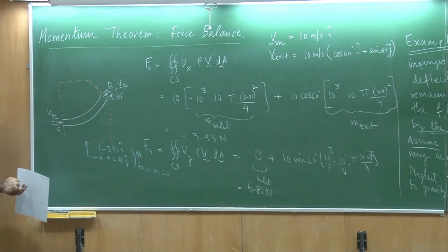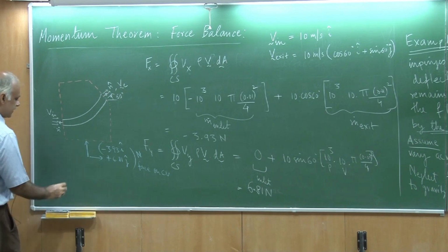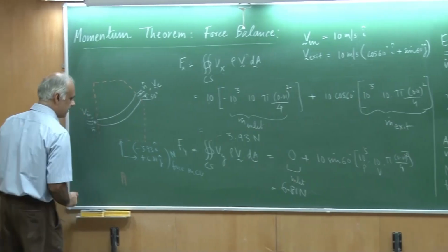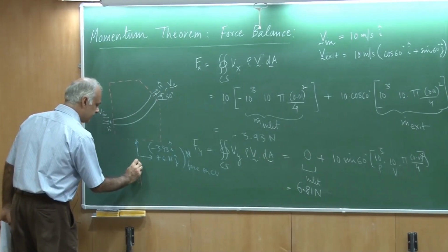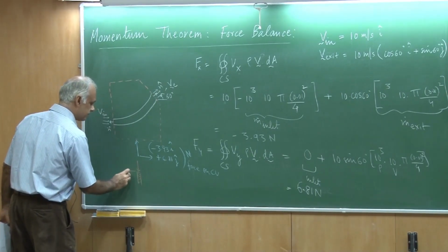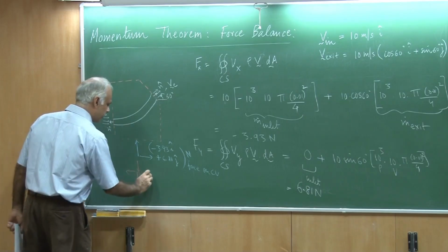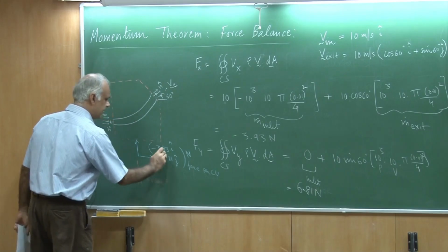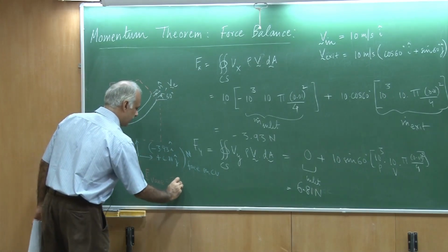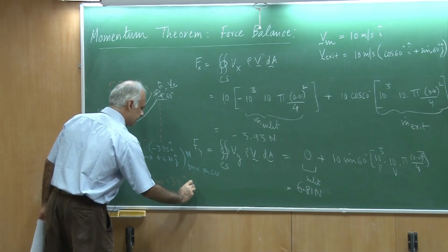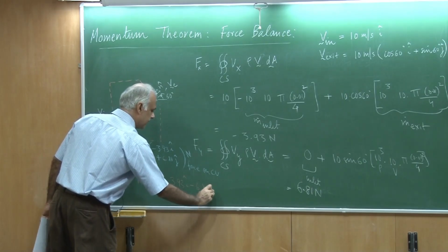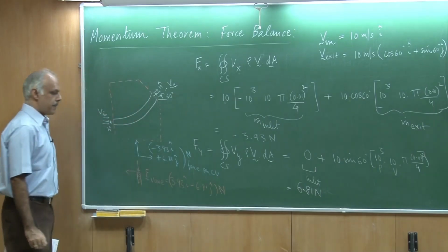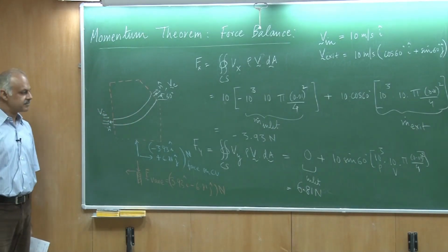If I want to calculate the force on the support, so this was my support, the force would be equal and opposite. So this force on vane is actually negative of this, so it is 3.93 i minus 6.81 j Newton. Okay, so that is your answer.